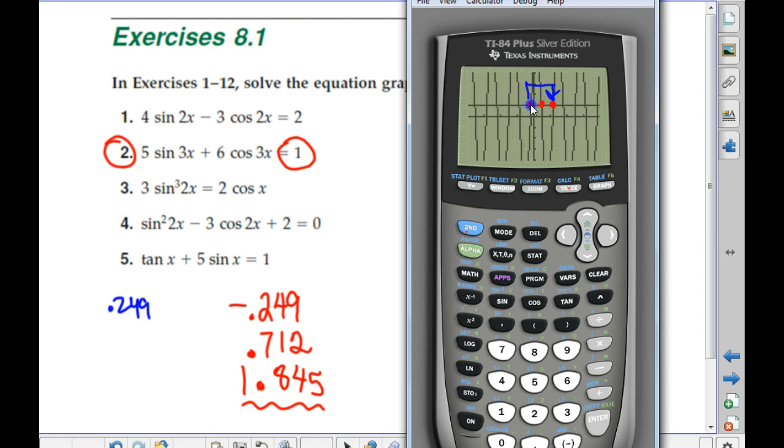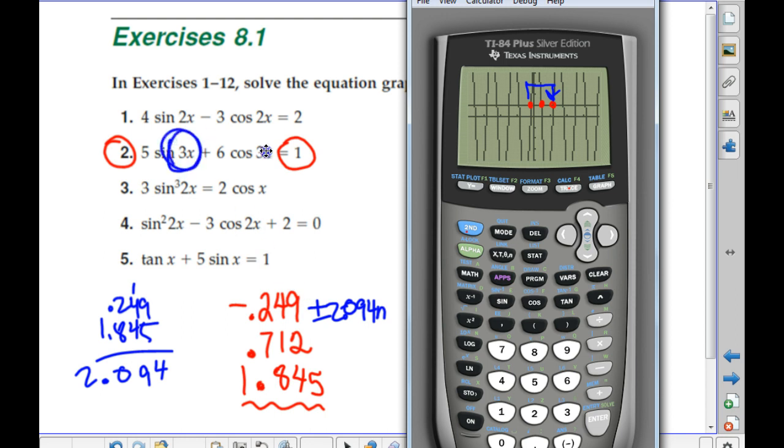And then from 0 on to 1.845 is 1.845. And if I add those together, does anybody know? You can put plus or minus 2.094 n on the back of those. Did anybody figure out what that is? Look up here, guys. What do both of these have for a period? 2 pi over 3. If you type 2 pi divided by 3, you get 2.094, okay?